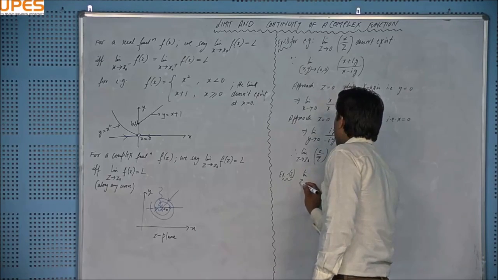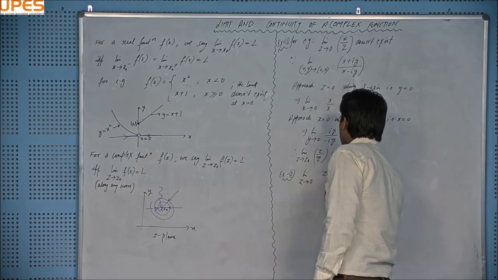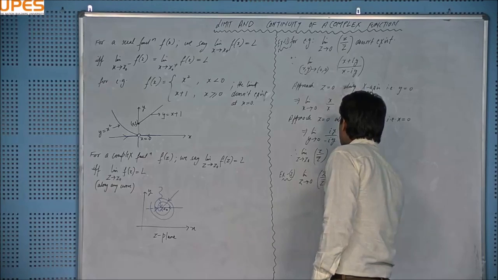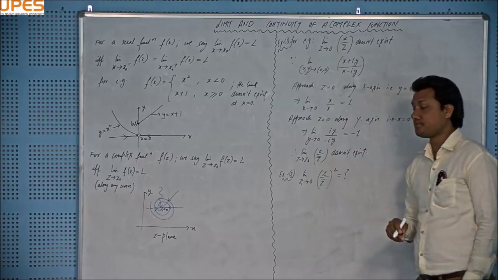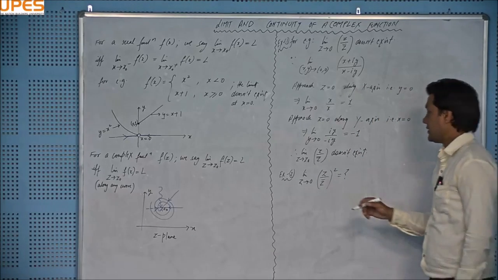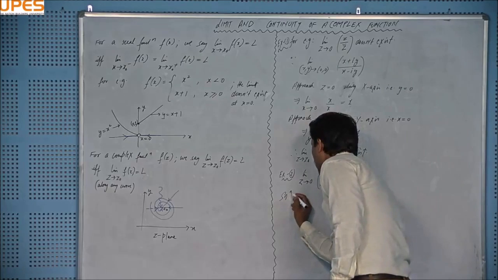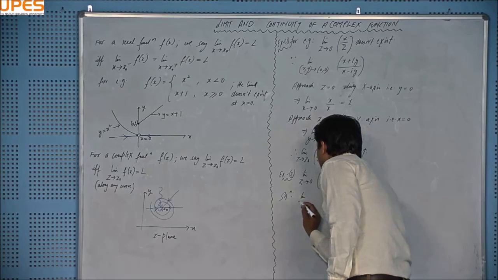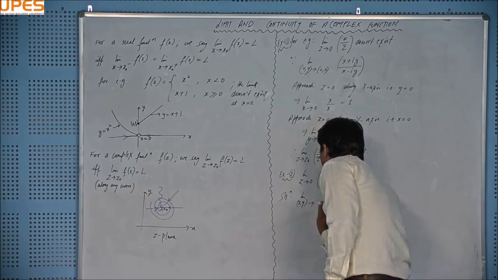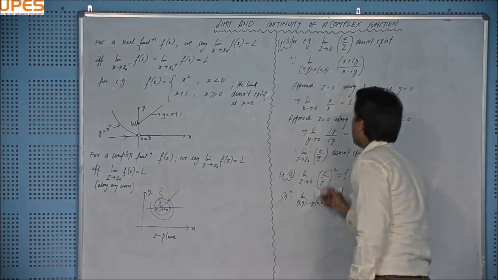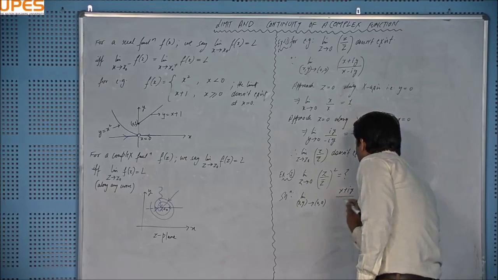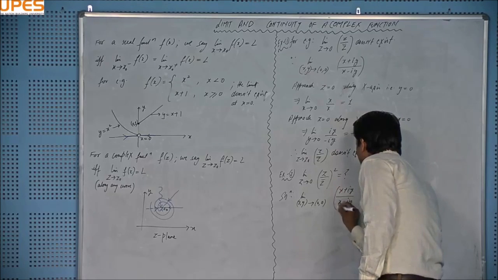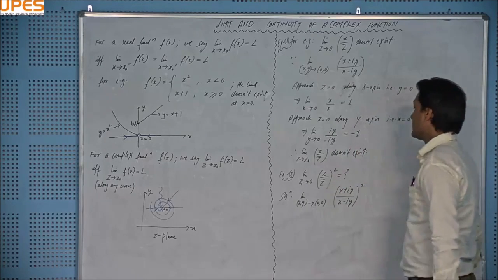Limit z tends to 0, z over z bar whole square equal to how much, right? Okay, solution. Limit x comma y tend to 0 comma 0 in the same way, that will be x plus iota y over x minus iota y whole square, right?